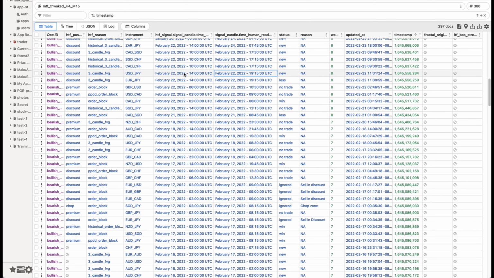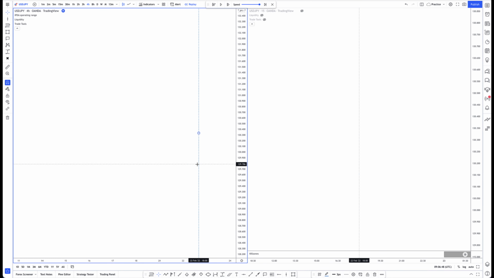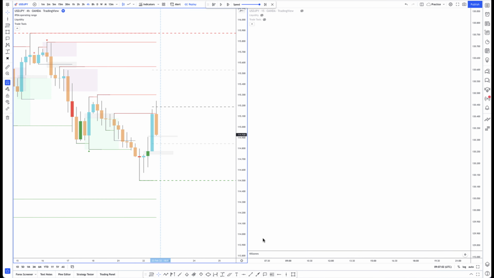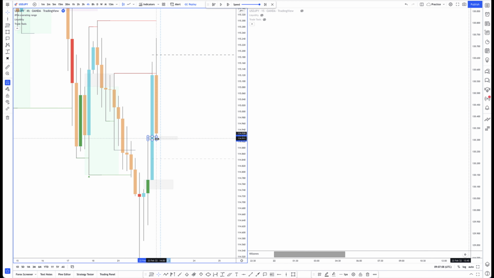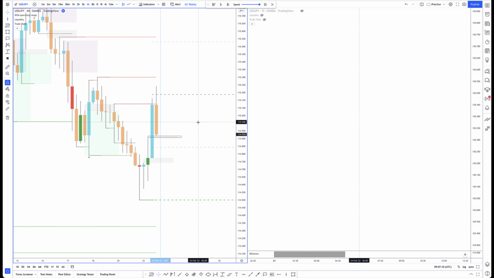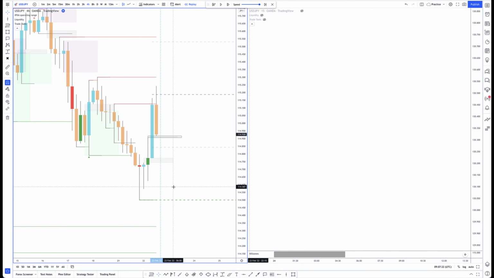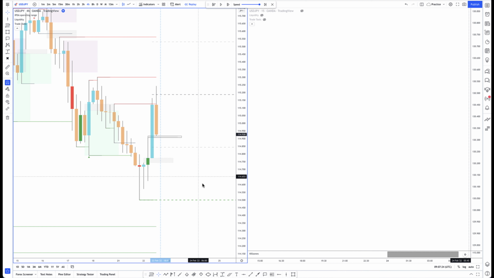USD JPY, Feb 22, 14 UTC. I see this. And the signal is on Feb 22, 1915.